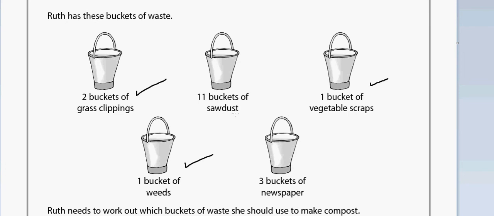Remember, she needs to get 12 buckets and we have 14 buckets here. So just for ease, I would say, okay, 11 buckets of sawdust and then 1 bucket of the newspaper.